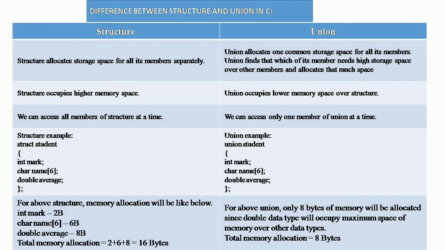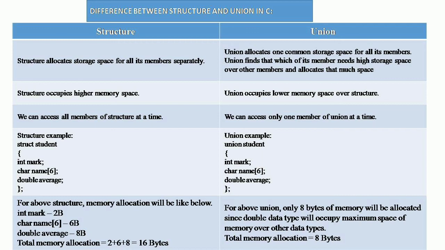Union example: union student, where student is the union tag name, curly brace started, int mark, char name of 6, double average ended with a semicolon, and the curly brace at the bottom ended with a semicolon.